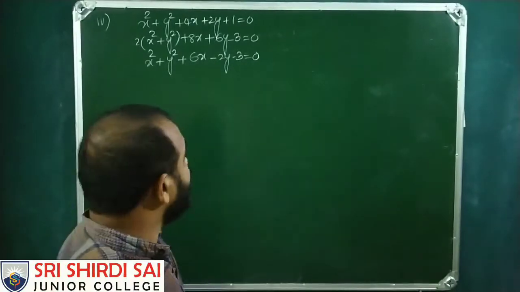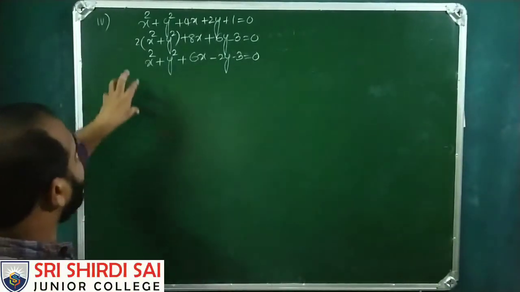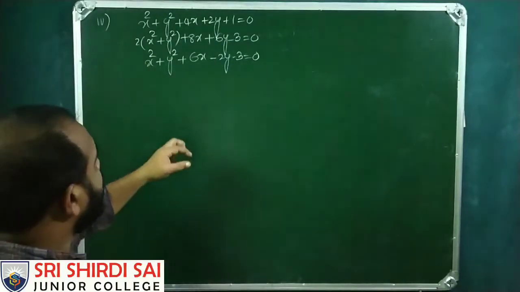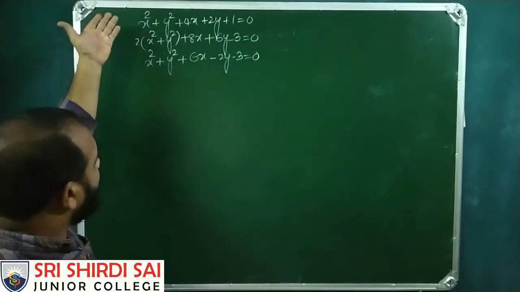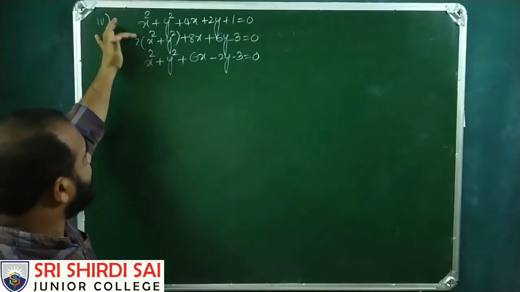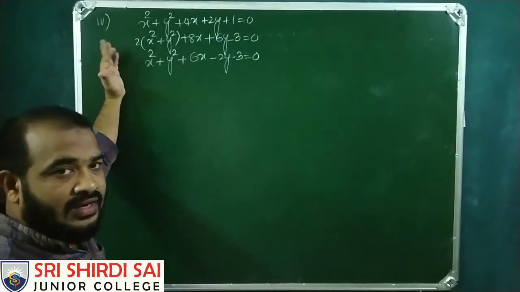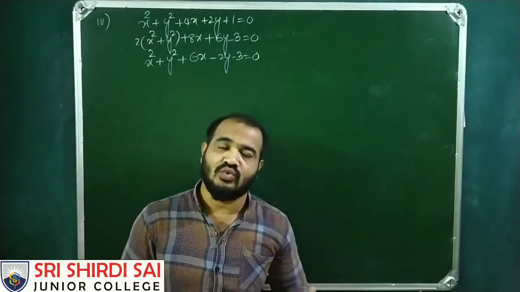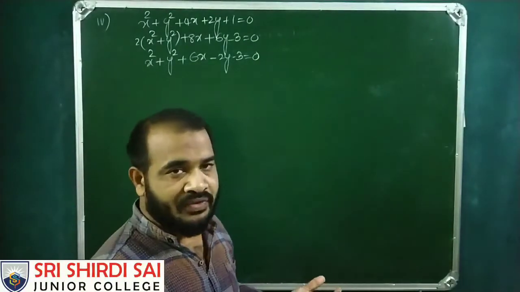For the sake of your convenience, let us try to solve this problem in both the ways. So since the required circle cuts the three circles orthogonally, let us take the required circle as x square plus y square plus 2gx plus 2fy plus c equals to 0.